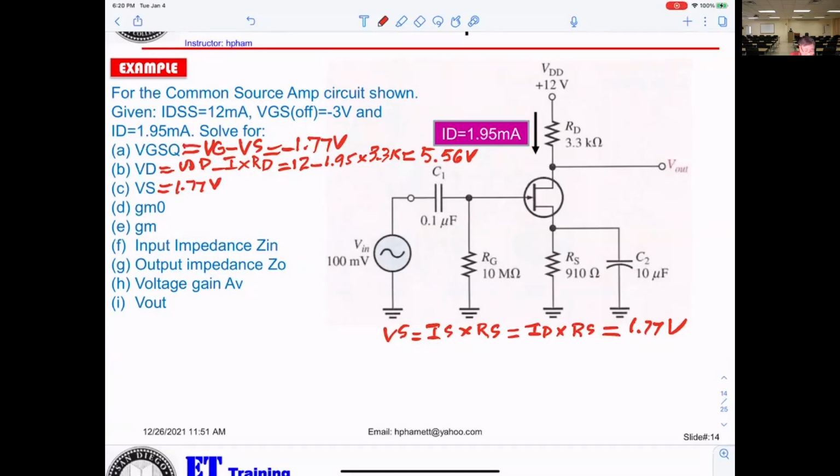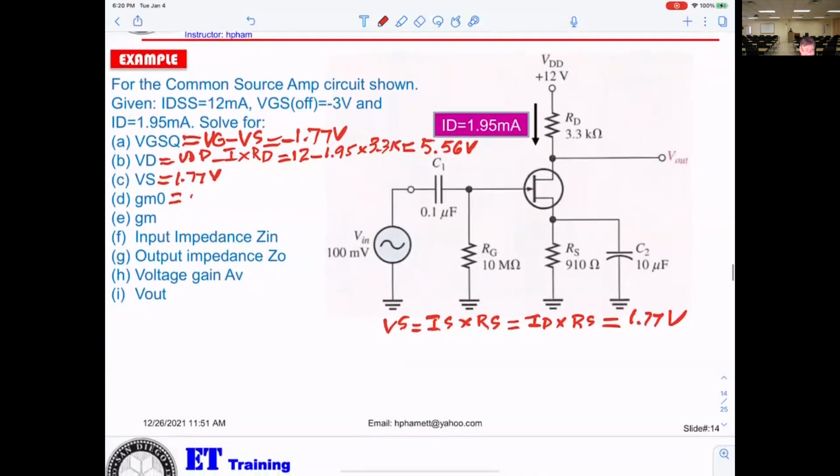Okay, you calculate the GM0. 2 times IDSS divided by the absolute value. I just want the answer. I believe it's 3. You get 3? I believe so. 12 times 2 is 24. 24 divided by 3 is 8.